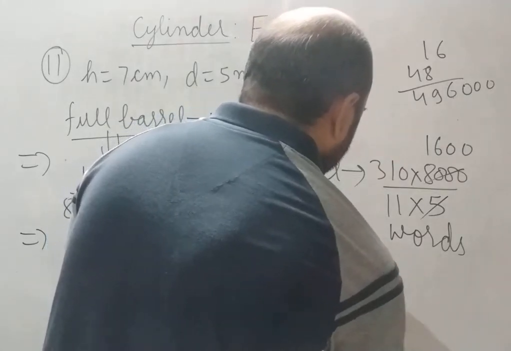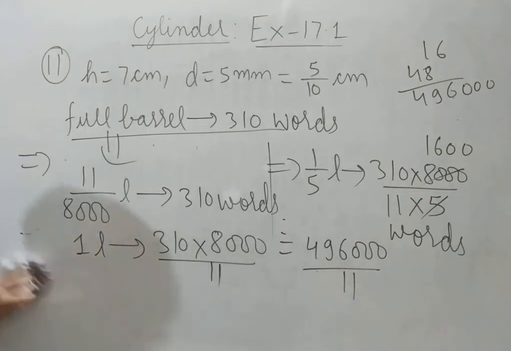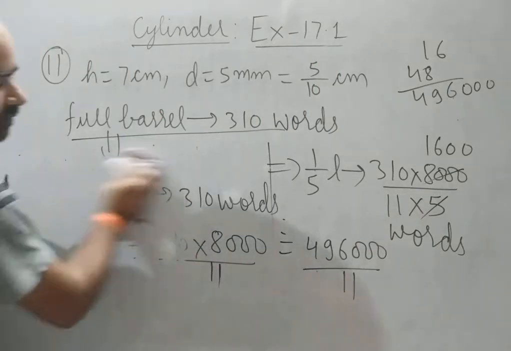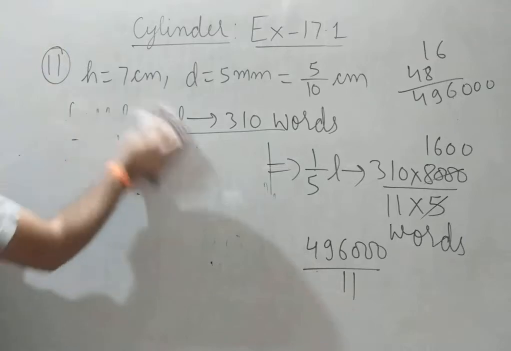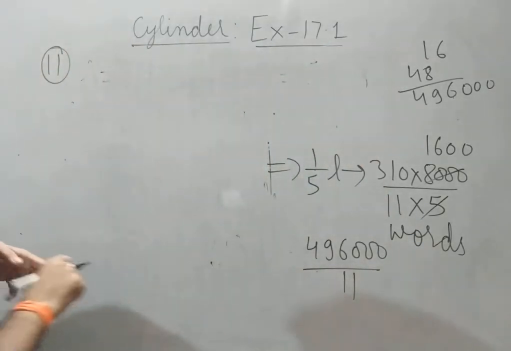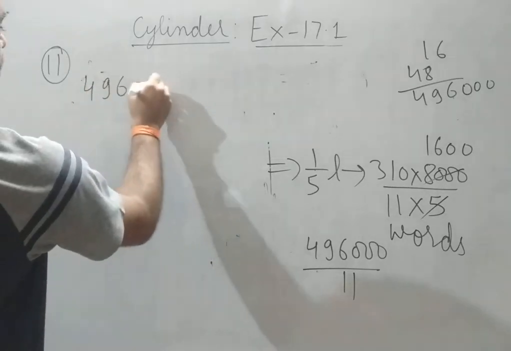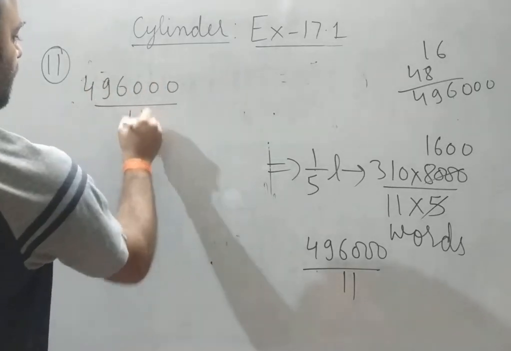Now we have to divide. So 496,000 upon 11.